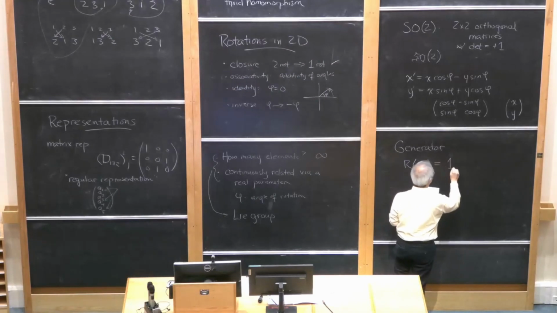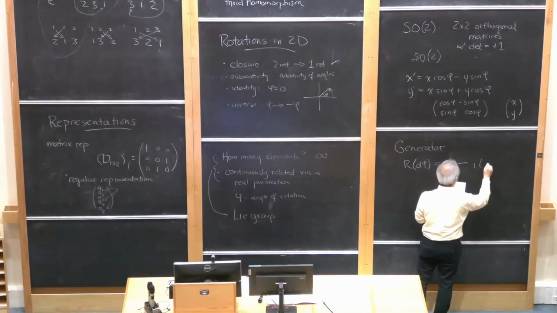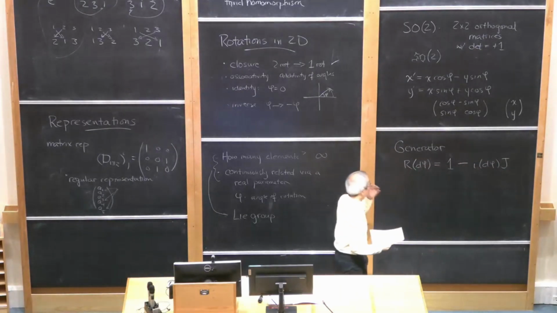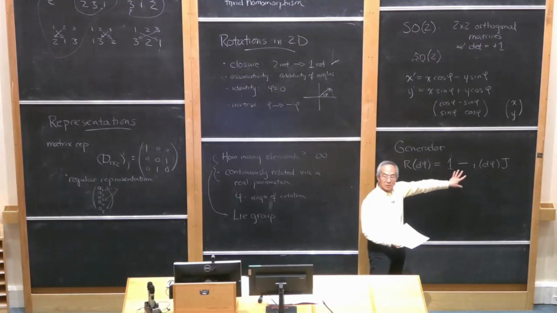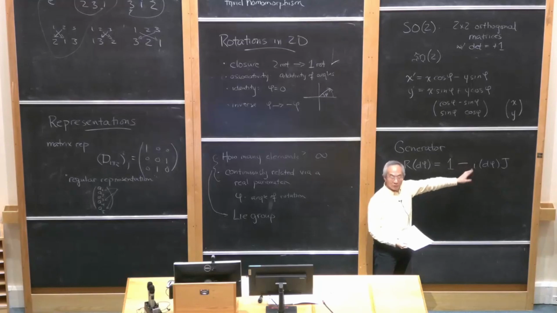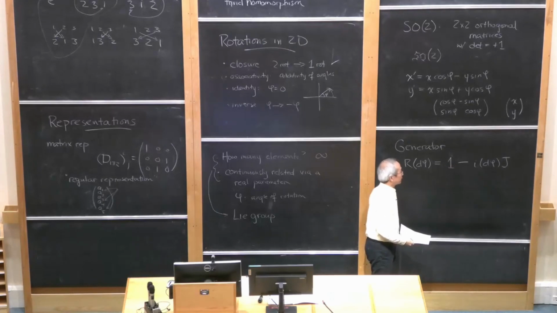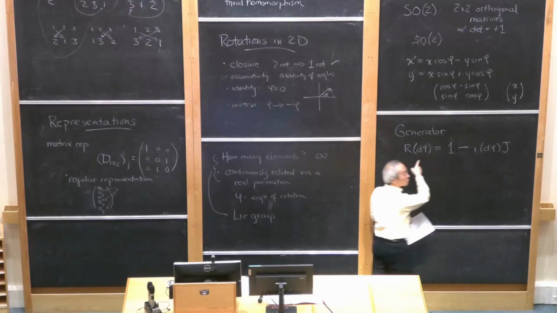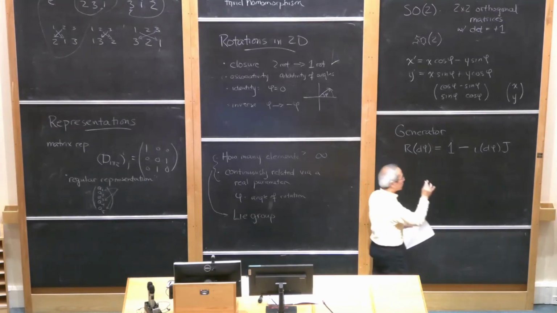And we write it as 1, the identity matrix, minus i d phi times some matrix J. Now, this is a little bit conventional. There's no particular reason why it's plus i, or even having an i there. But I'm going to stick with this convention. If you read other textbooks, you have to look this up to make sure you know which convention the author is using, because it does change things a little bit.